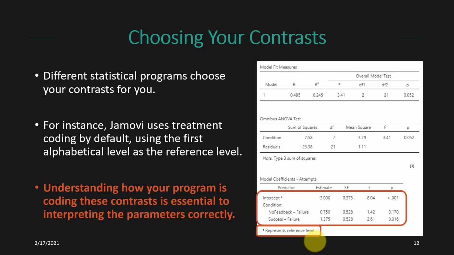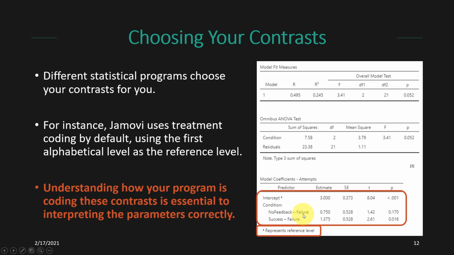The no feedback condition is captured relative to the failure condition by the second code. So the no feedback condition did, on average, 0.75 more attempts, so they had a mean of 3.75 attempts. And the success condition relative to the failure condition did, on average, 1.375 more attempts, so the success condition, on average, did 4.375 attempts.